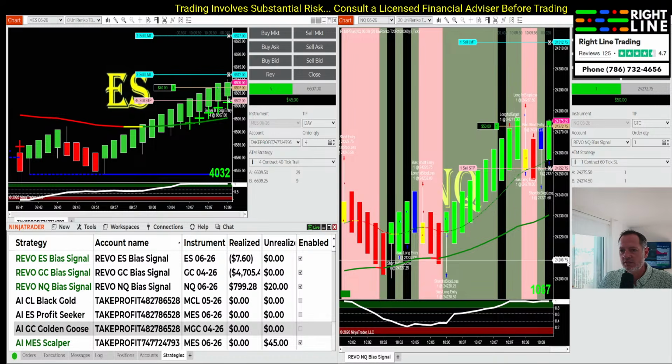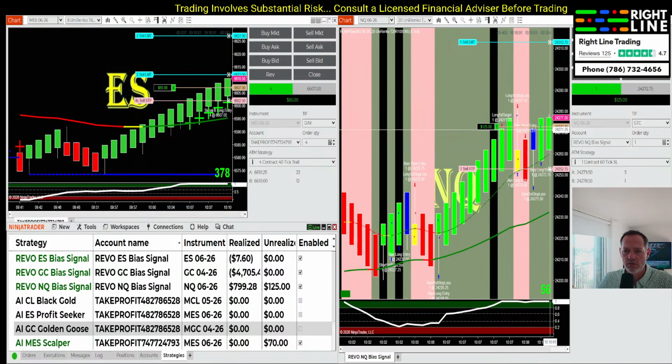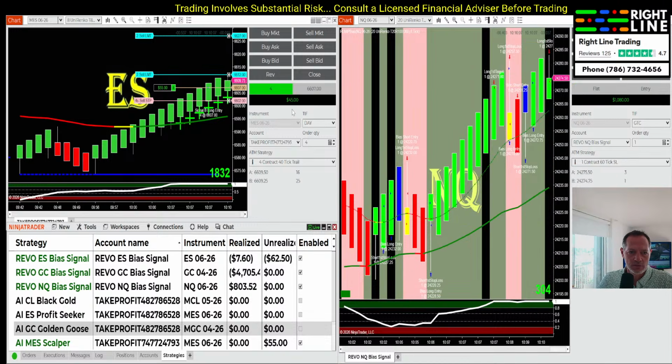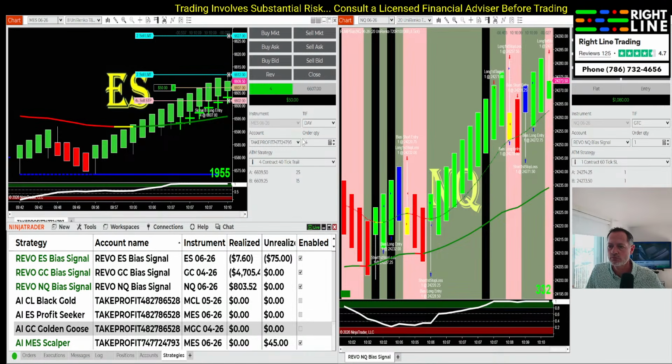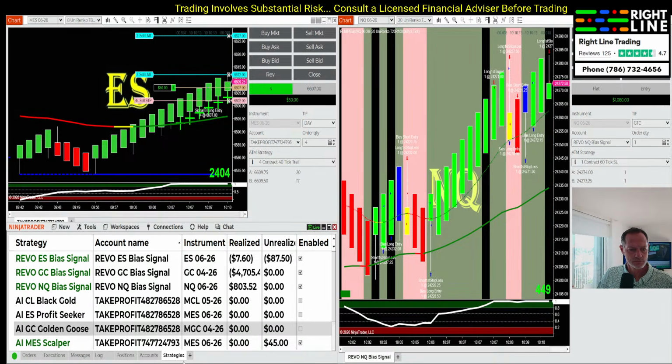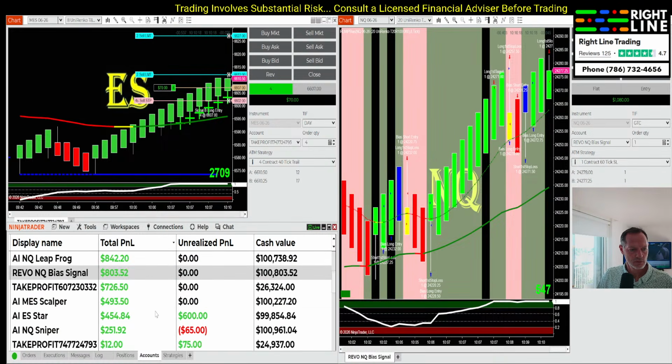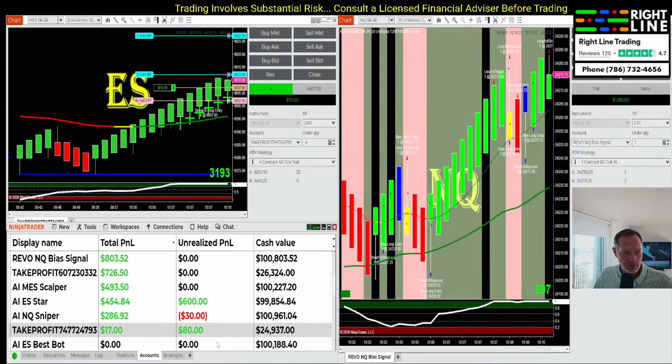Okay, we're in the good graces now. We got alignment. We got the NQ going north, and we got our ES going north. Here we go. We got a winning trade. Come on. Tippy toeing onto the leaderboard here if we can keep going north.